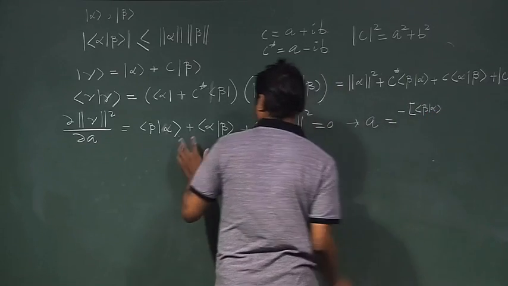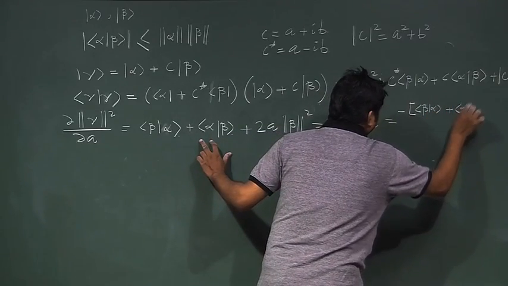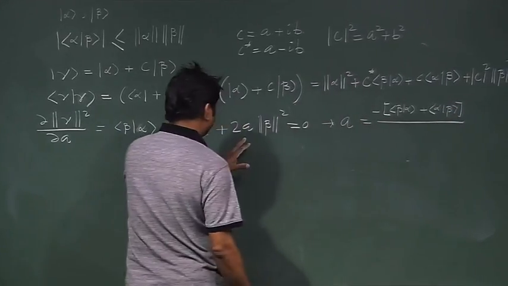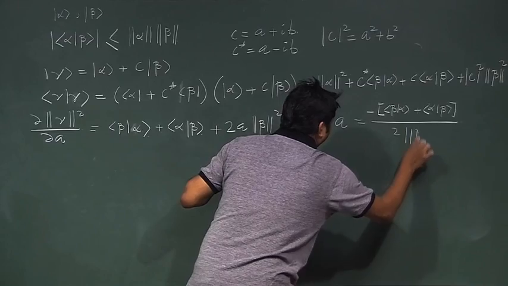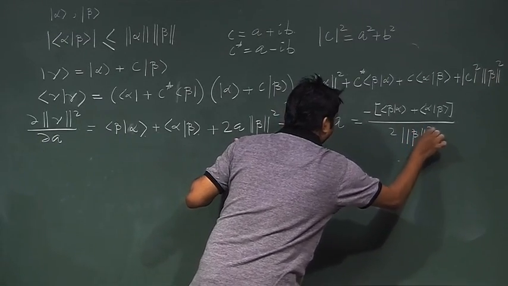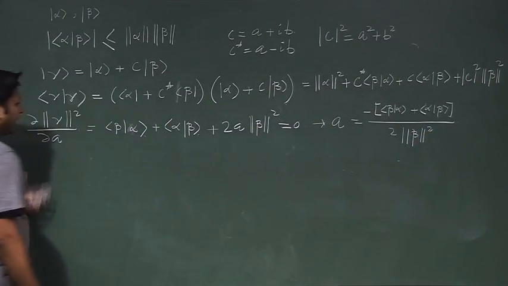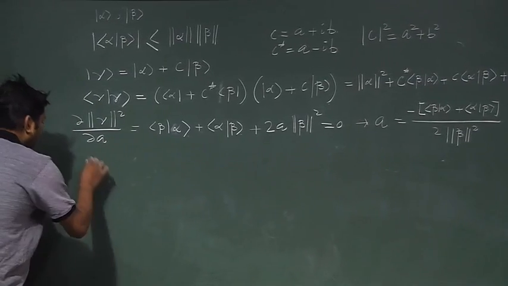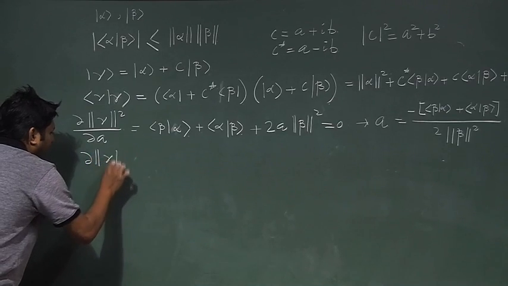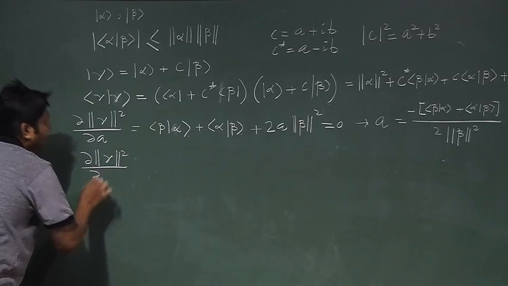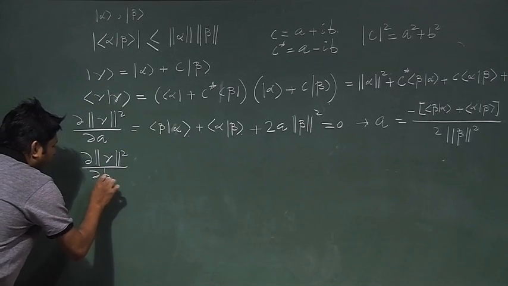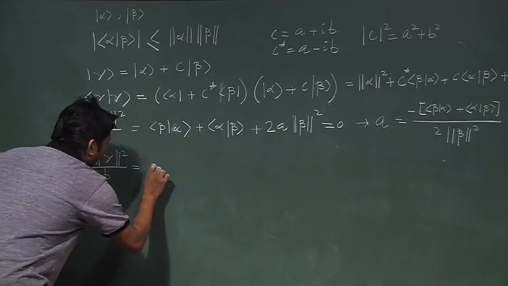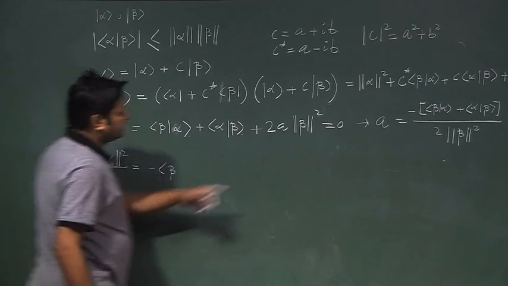beta alpha plus alpha beta divided by 2 of beta square. I can do the same treatment for b also, because b is another variable that I put in my equation through c. If I do that, then the first term will be 0, but the second term will have a negative sign because it is a c star.